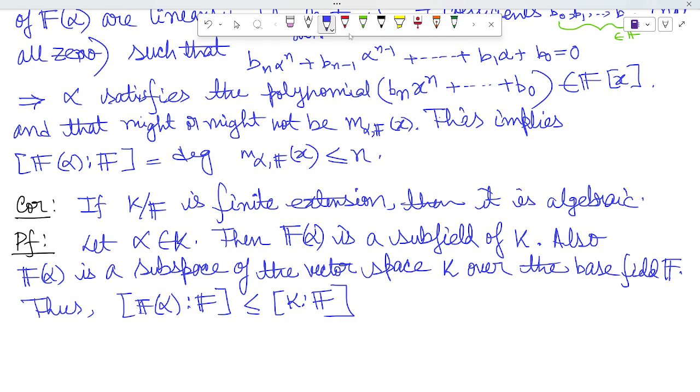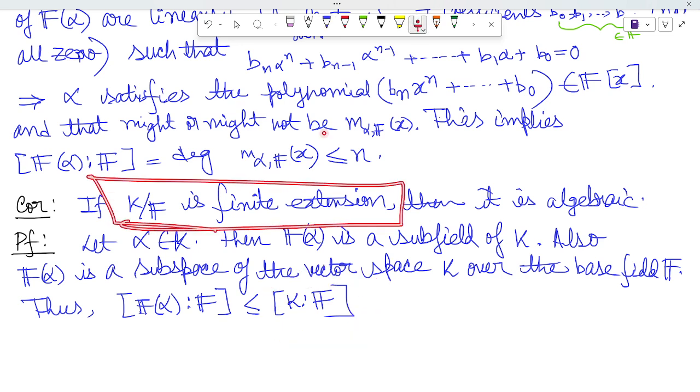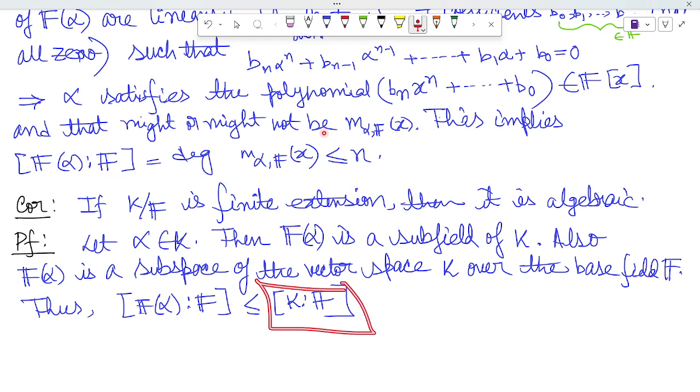But this is finite. Why is this finite? Because we assume that it is a finite extension. Finite extension means the dimension is finite.